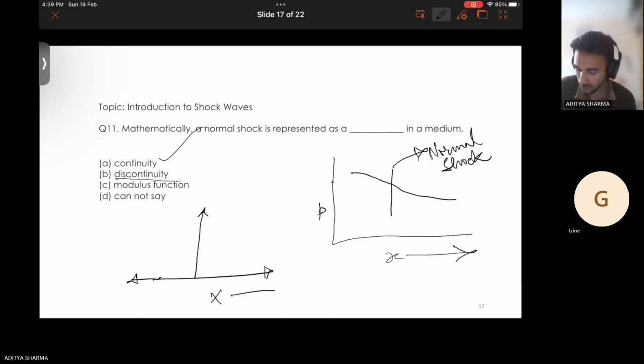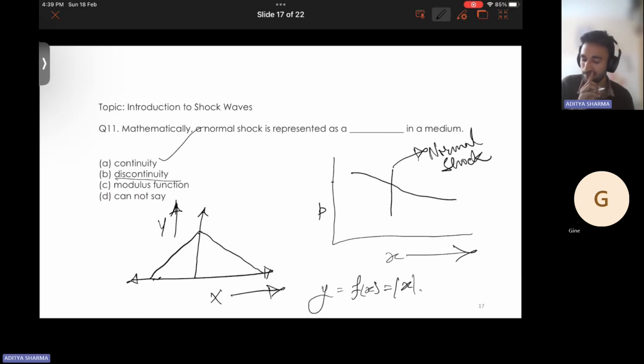And then let's say this is the x-axis and this is the y-axis. So this is our modulus function, right? y equals f of x equals modulus of x. So whatever you put in this modulus function, the graph will be like this.